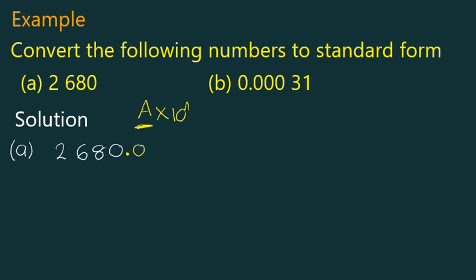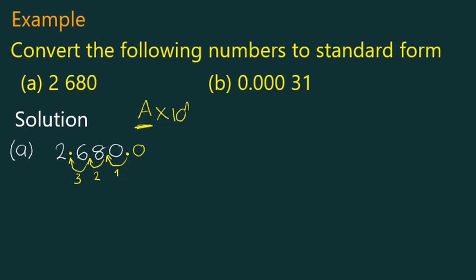So I'm going to move my decimal point to the left once, and then again, and then the third time. Now we have only one digit before the decimal point, and what that means is that this value is now between 1 and 10.